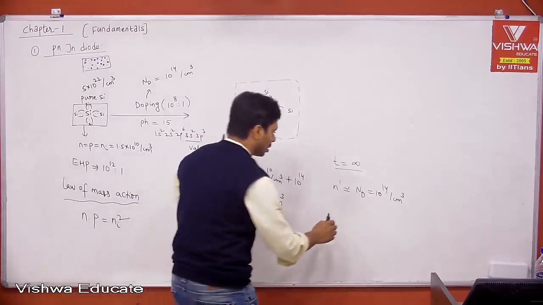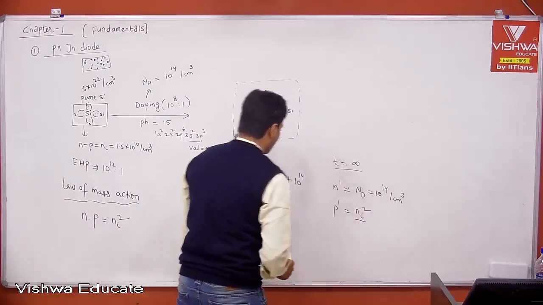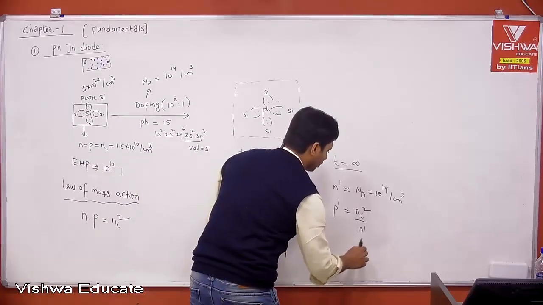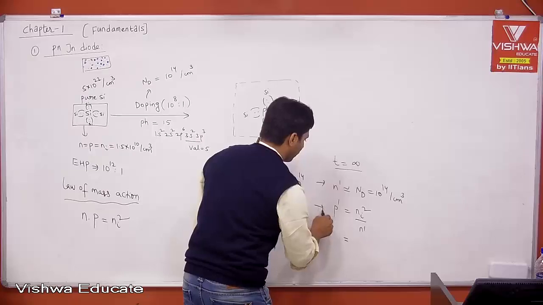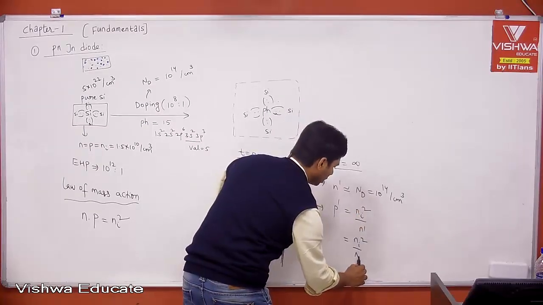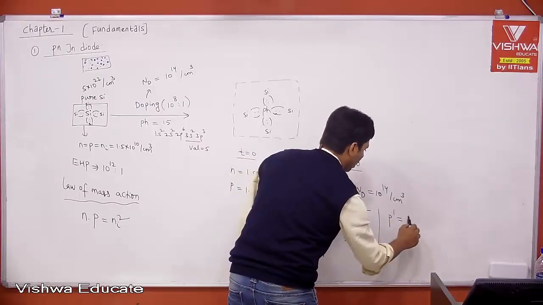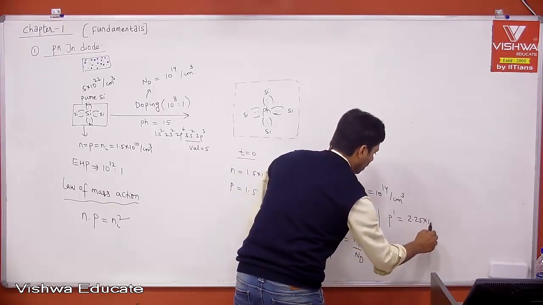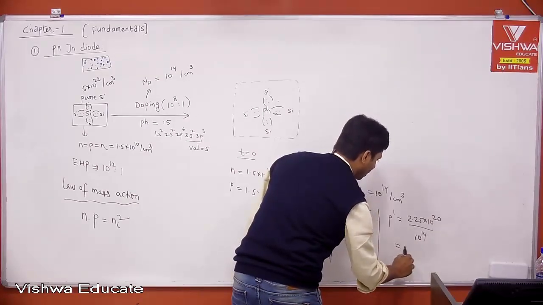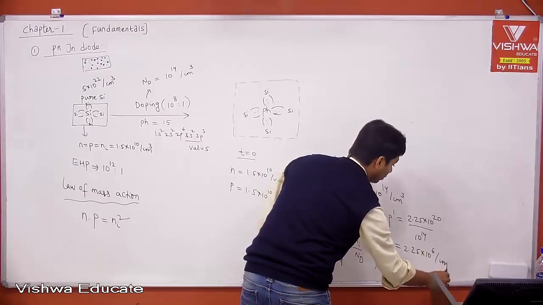Now if you ask me hole concentration, that is nothing but Ni square divided by your electron concentration, because N into P is equal to Ni square. That is N dash, which is basically Ni square divided by N dash, and N dash is nothing but Nd. If you substitute the values, P dash will be equal to Ni square, 2.25 into 10 to the power of 20, divided by 10 to the power of 14, you will be getting 2.25 into 10 to the power of 6 per centimeter cube.